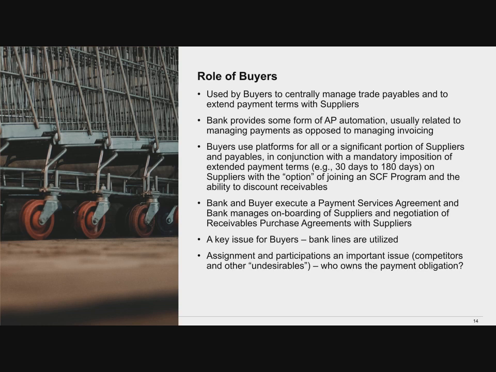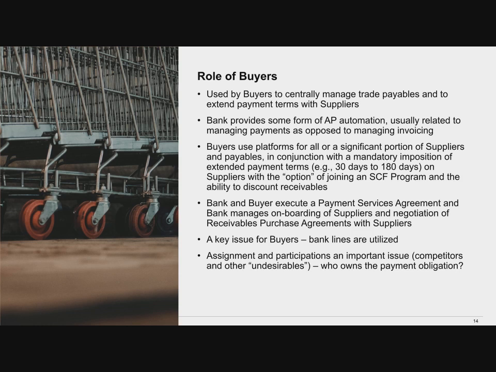In my experience, buyers often use these platforms for a significant portion of their suppliers and payables, and the implementation of these programs is often done in conjunction with extended payment terms. A key issue, I guess, for buyers in these programs is that bank lines are utilized.